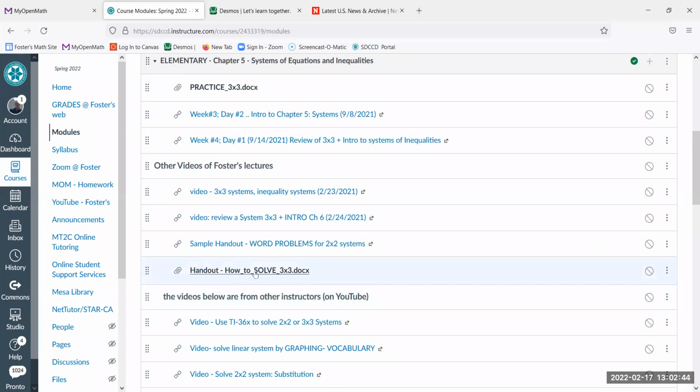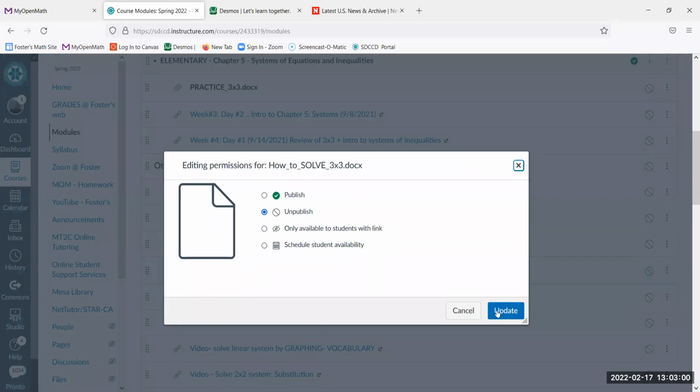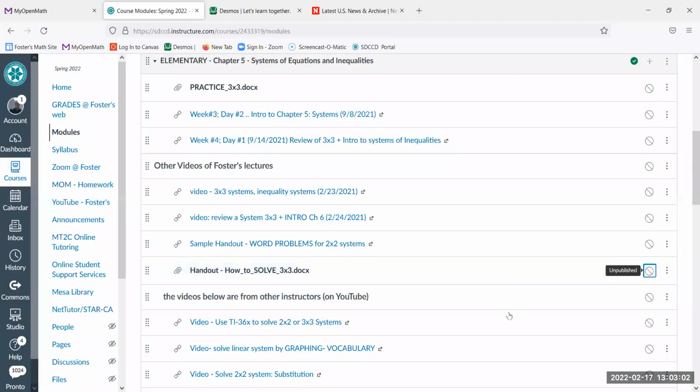Right here, there's a handout about how to solve 3x3 equations. It says handout.doc. It's a download. Okay. Anyway, I've turned it on, published it.